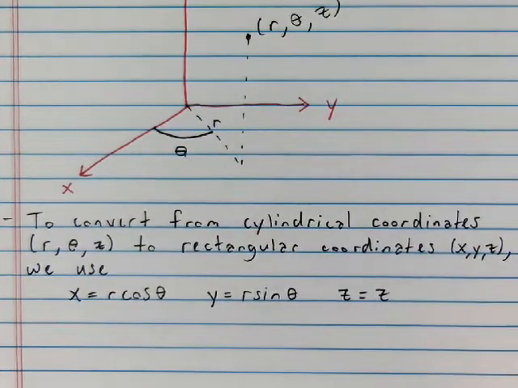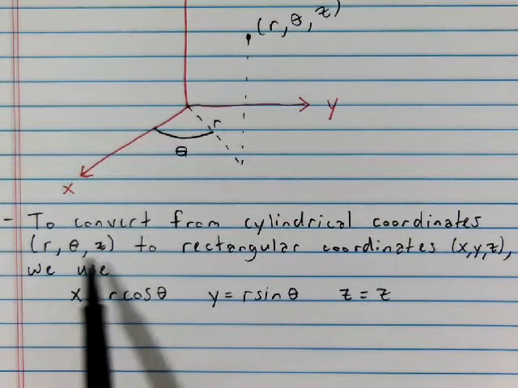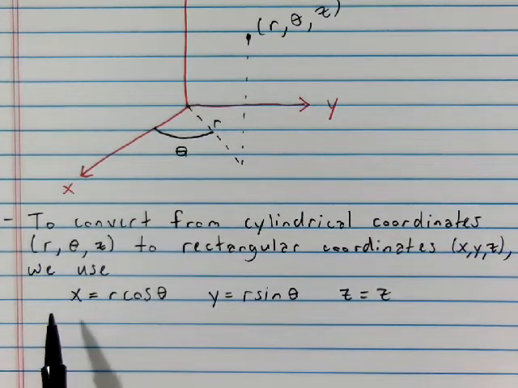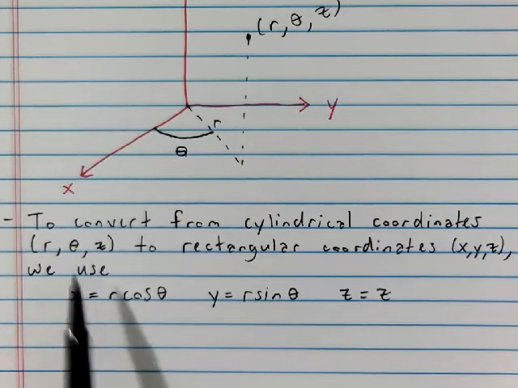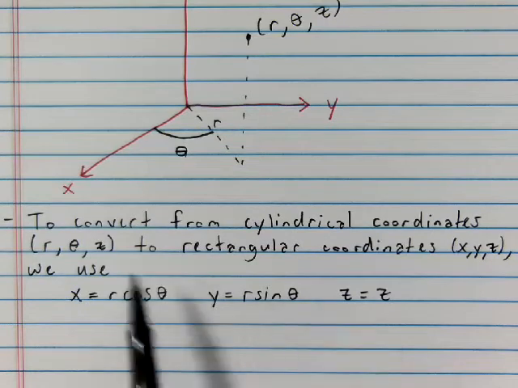So the assumption here is we're starting with r, theta, z. Given you have all three of those, you plug what you have into the right hand side to get whatever you want in rectangular coordinates. So we take our r and theta, put them in there, we get our x; r and theta, we get our y; and the z we had here is going to be the same.